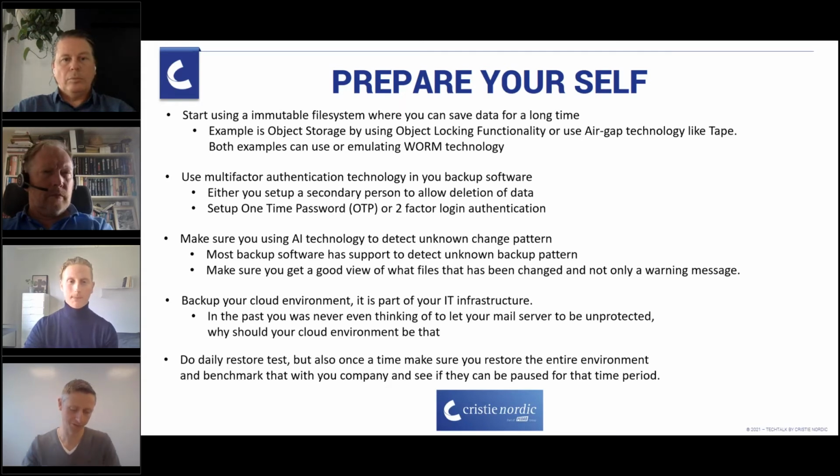So my tips, from a backup perspective, is that, first of all, make sure you're looking at an immutable file system, because there are a lot of options out there, like object storage, for example, or a true air gap like tape, and both of them try to use WORM technology. That basically means that you write once and you can read as many times as you want.